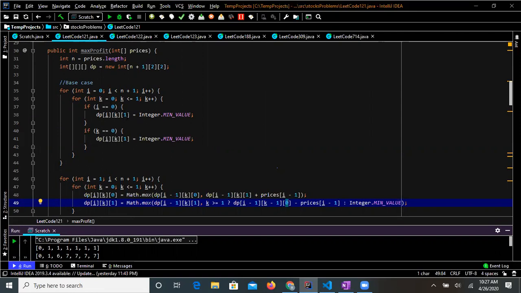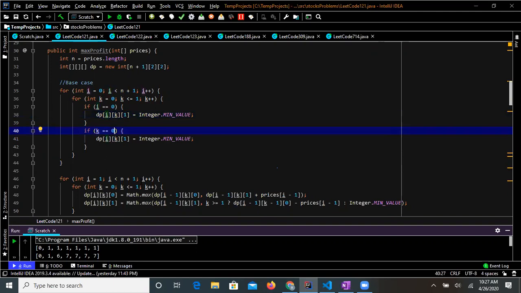Okay, got it. For every day, if we are saying that we are holding one stock, and i equal to 0, i equal to 0 means 0th day. On the 0th day, we cannot have one stock in hand, right? So that's why it's an invalid state here.